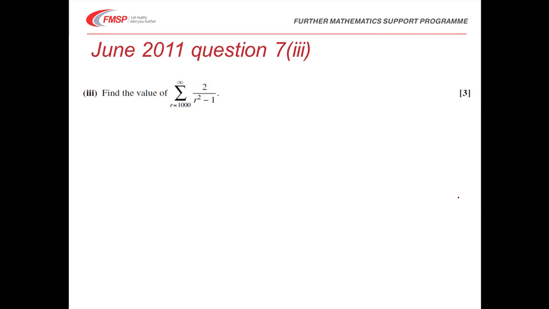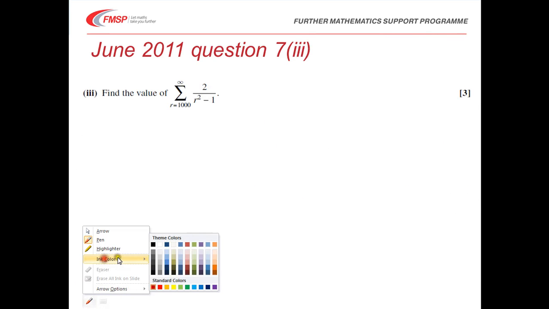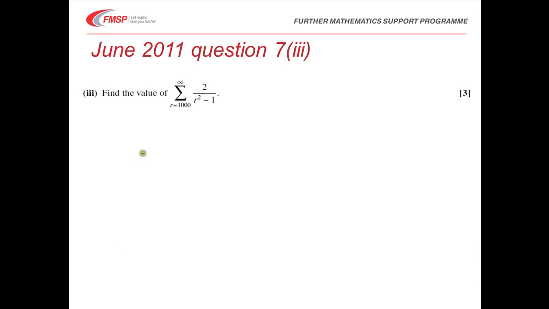So we then move on to the third part. Now the third part's interesting because we're actually going to be finding a numerical value. So we want to find the value of sigma from r equals 1000 to infinity of 2 over r squared minus 1. So what we have to think about here carefully is how we're going to do that.